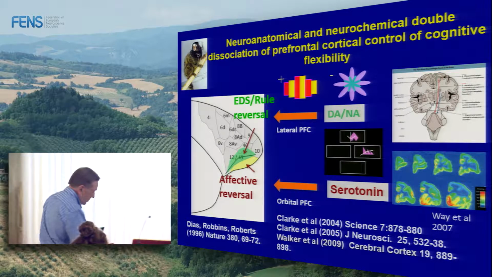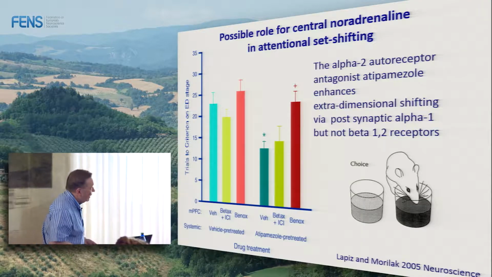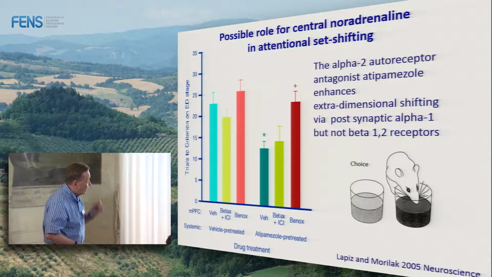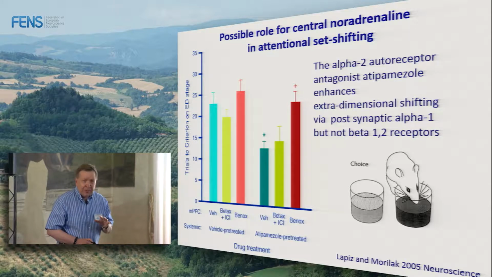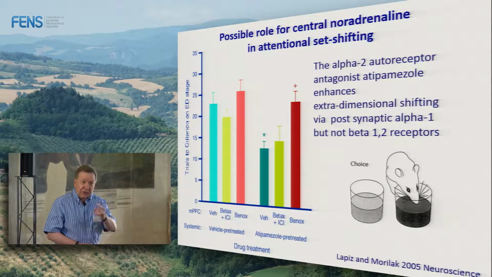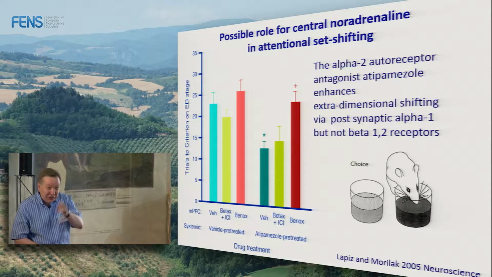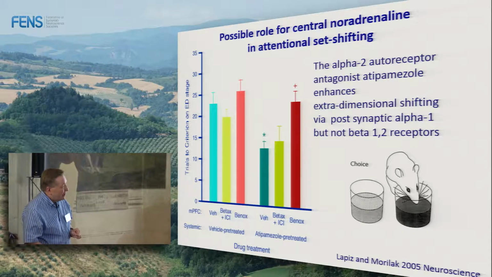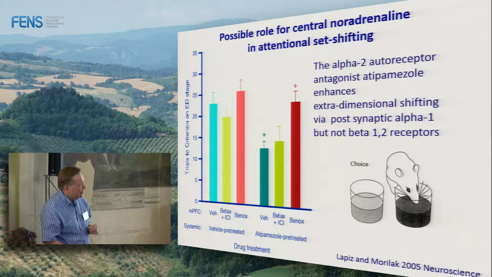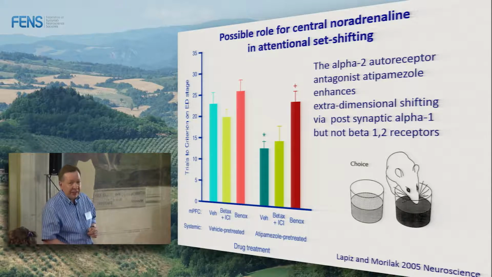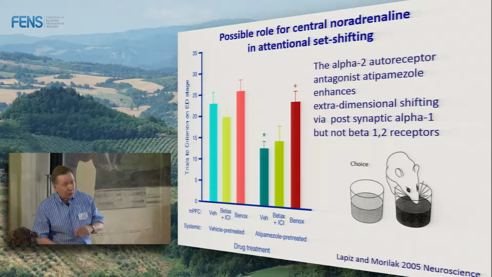Now, just to follow this up a little bit, somebody called David Moralak has shown rather similar effects in the rat using this task. So thank you for introducing it. I anticipated you. So rats here have to show cognitive flexibility, but they have to burrow through this sand in order to get food rewards.